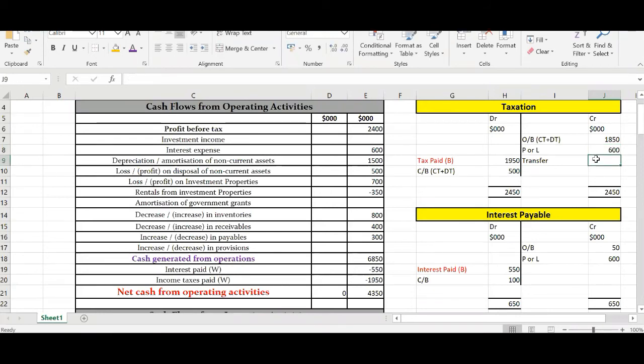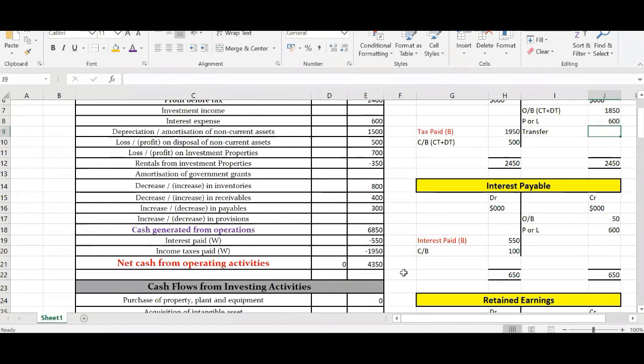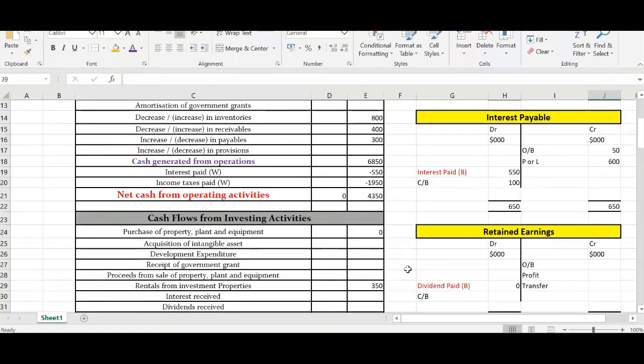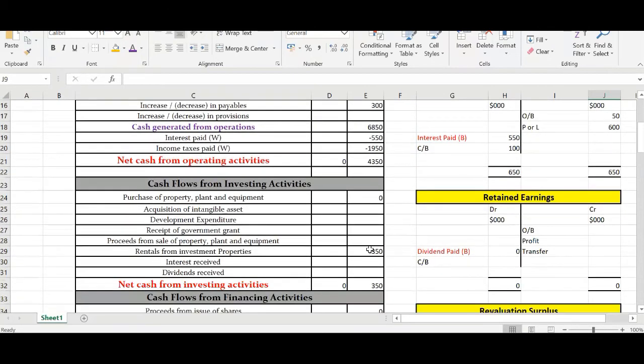All right, it gives you the balancing figure of 1950, which should be deducted from here, and I have linked it so it shows directly 1950 outflow. All right, so we are done with the net cash from the operating activities. It shows 4350.